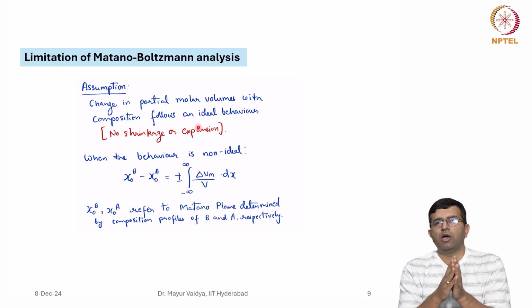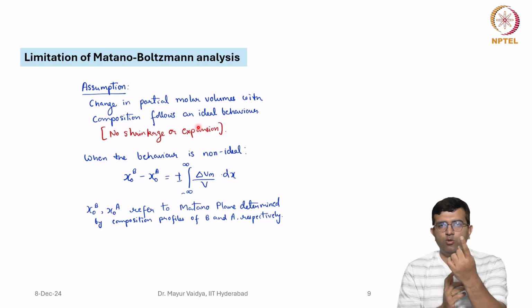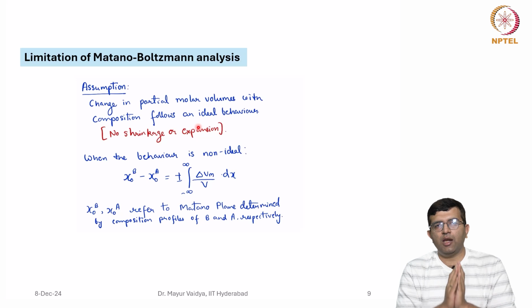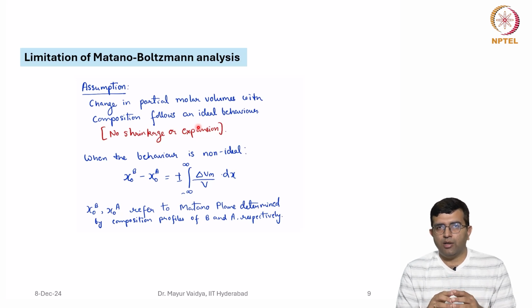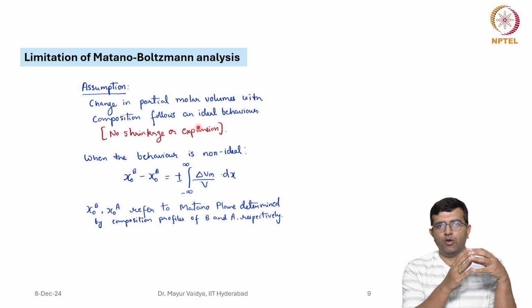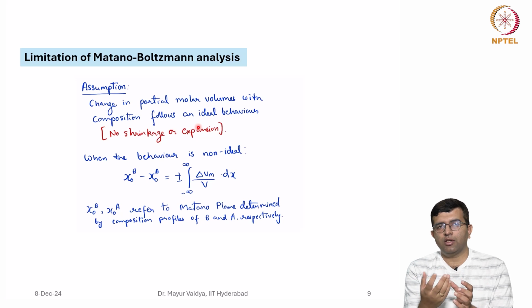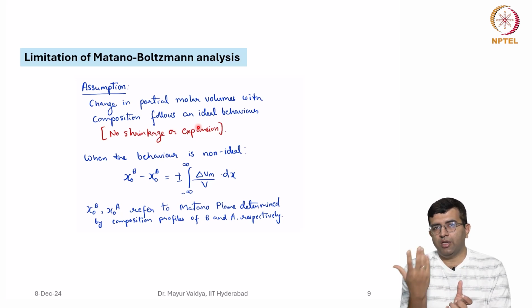So either you use B or you use A, you should end up with only one initial contact plane, where A and B were joined. But because of the non-ideality, if you calculate x naught using the profile of B, you will end up getting a different value than if you calculate using the profile of A.